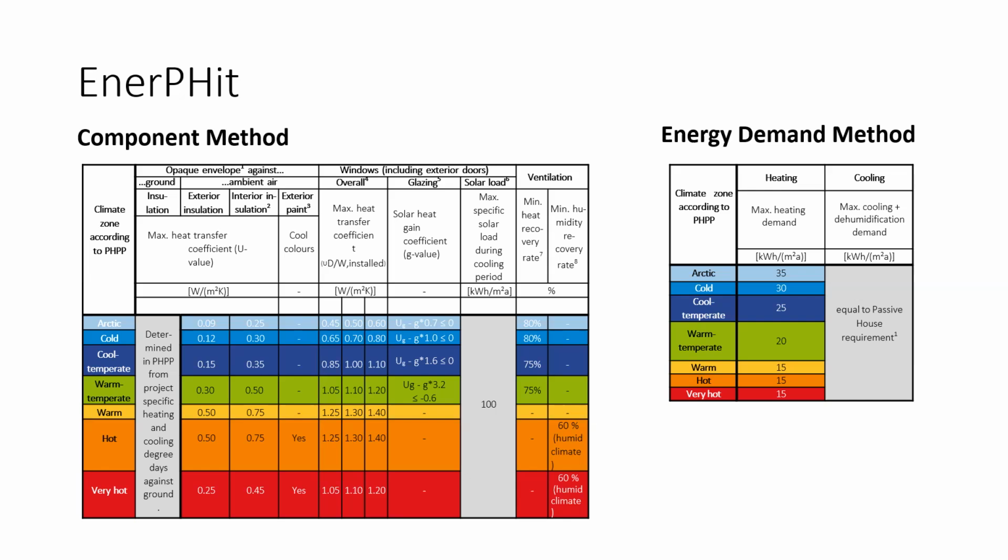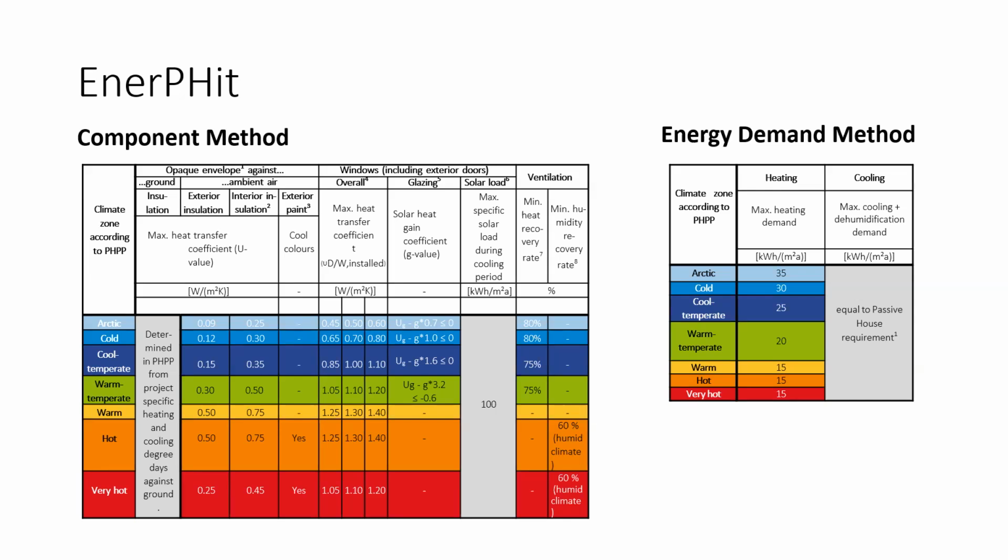So you can see that in the component method, there's a lot of criteria that you have to meet if you are going that route, whereas the energy demand method is effectively air tightness and your maximum heating demand. You can see that in your cool temperate, which is 25.